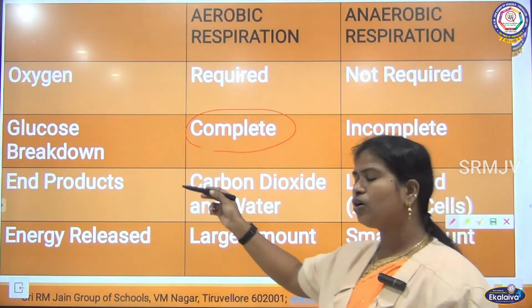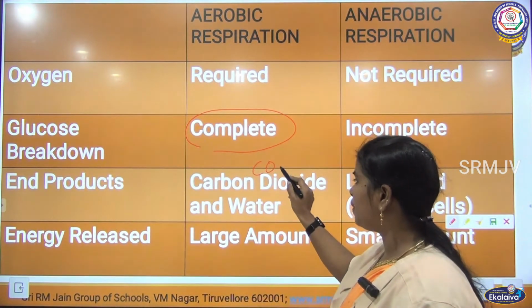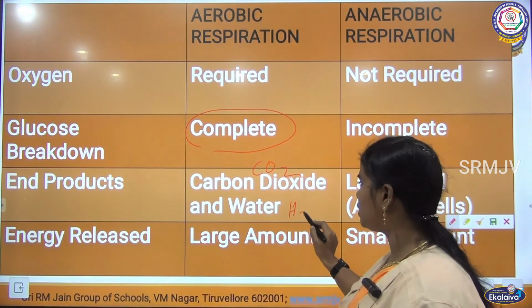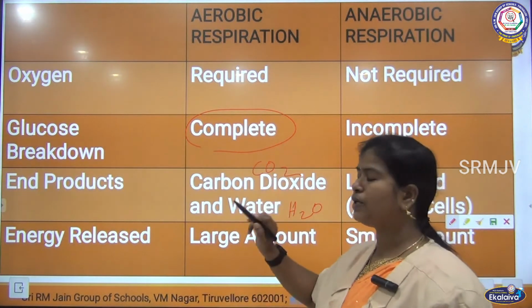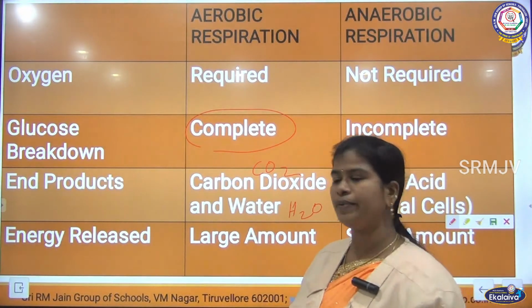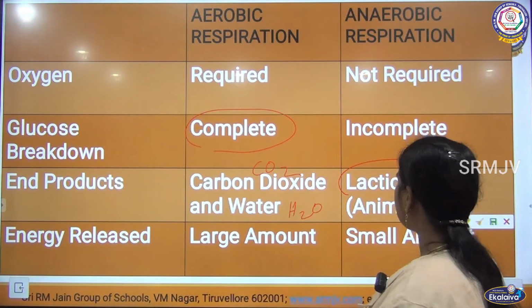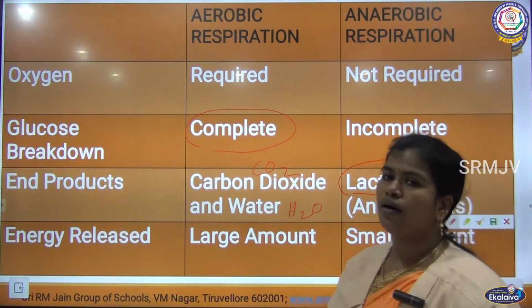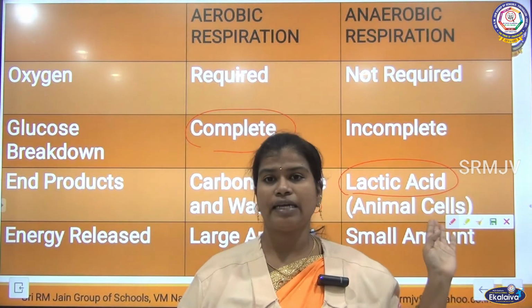Okay. And what are the end products in aerobic respiration? CO2, that is carbon dioxide, and water, that is H2O. These are the byproducts of aerobic respiration. Along with that, energy also will be released. And in anaerobic respiration, lactic acid plus energy will be released, and this lactic acid is only in the case of animals.